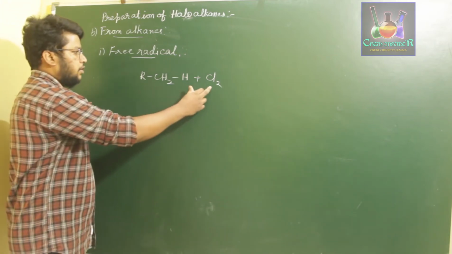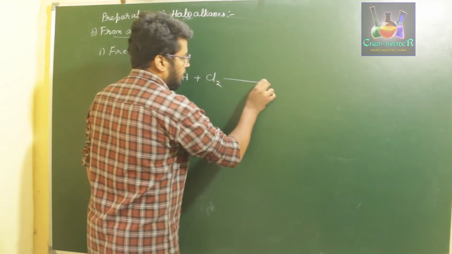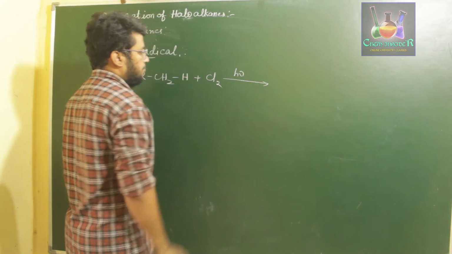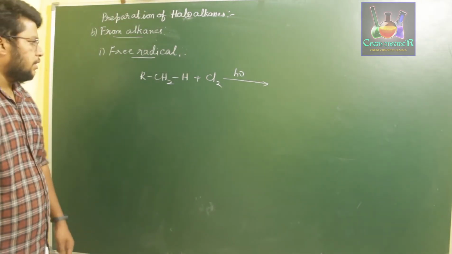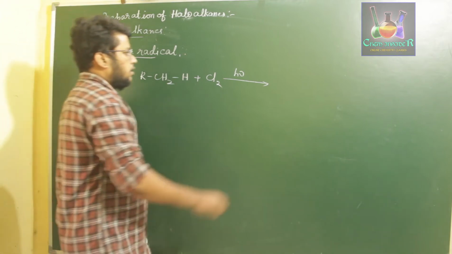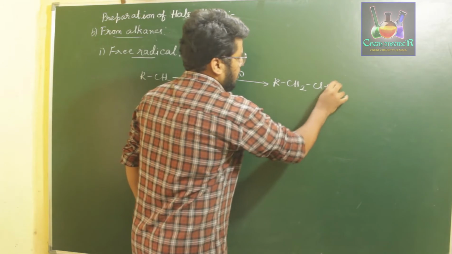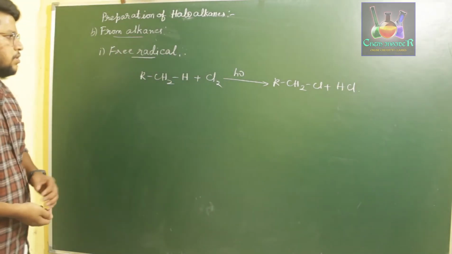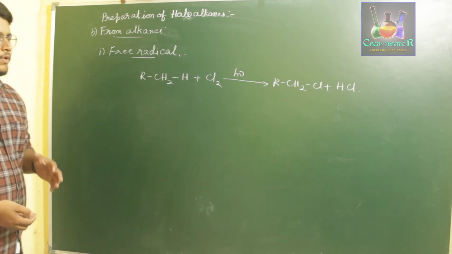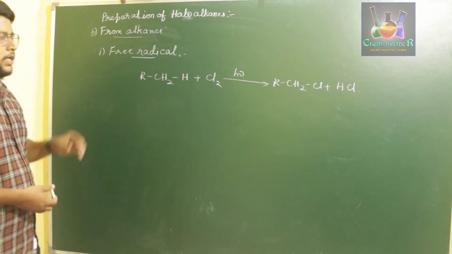So when we treat a chlorine molecule with our alkane compound in the presence of diffused sunlight, we observe the formation of our haloalkane, that is nothing but our chloroalkane, RCH2Cl, with liberation of hydrochloric acid, HCl gas. So this is about the preparation of haloalkane using alkanes through free radical mechanism.